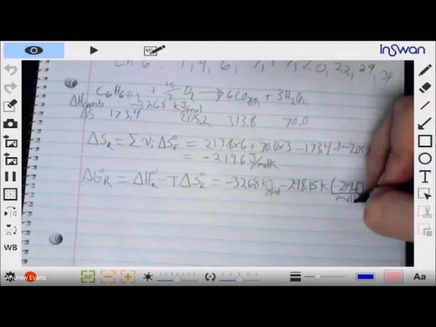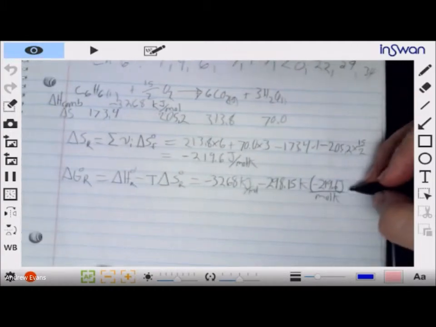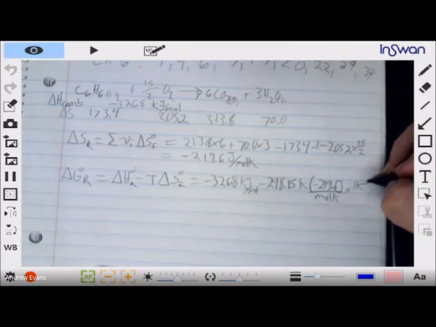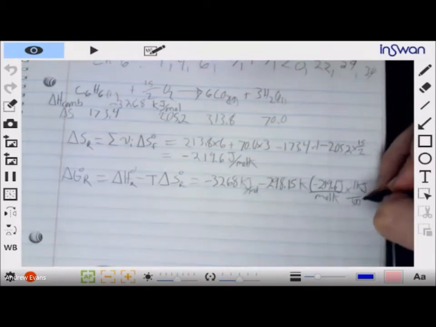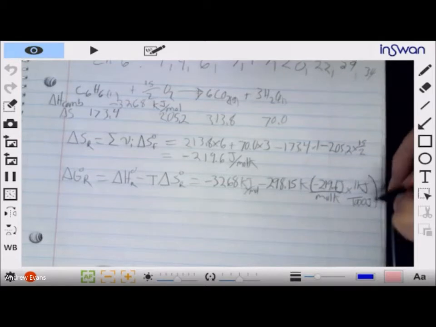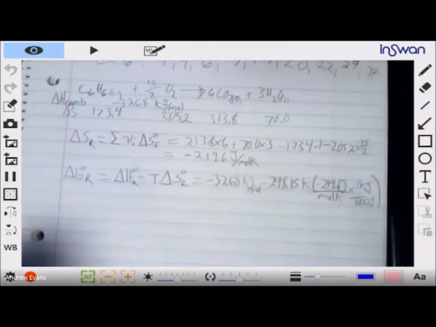However, we have to watch for our units. There is 1 kilojoule for every 1,000 joules. That will give us our Gibbs: negative 3268 minus 298.15 times negative 219.6, divided by 1,000. Okay.